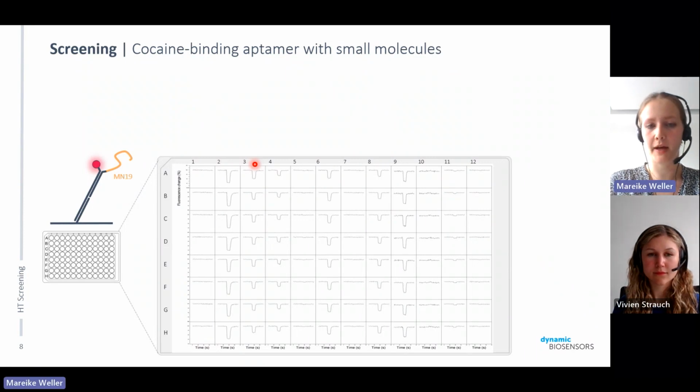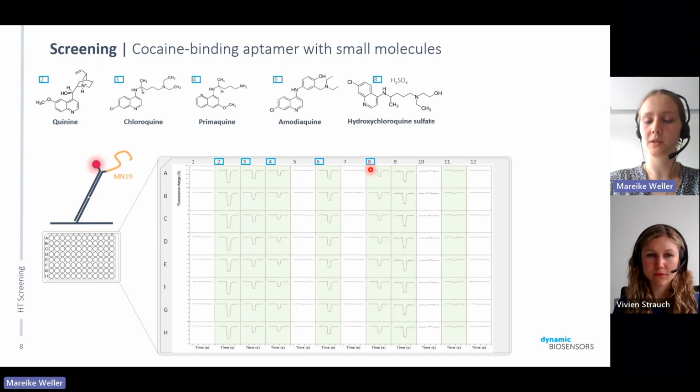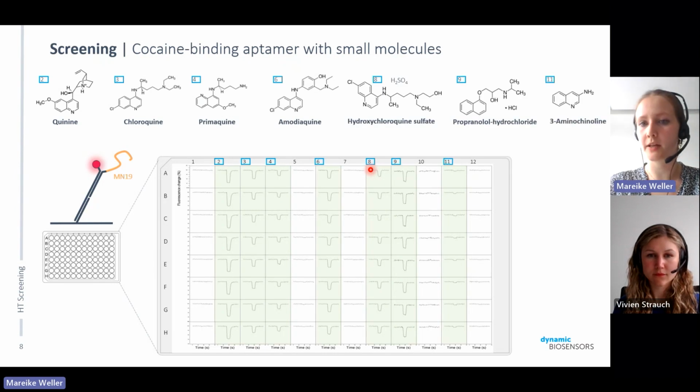As you can already see by eye, there are many different signals. Some have a very huge decrease in the fluorescence, some have a rather small change in the fluorescent values. So we can identify these small molecules with some fluorescent change, and also see which small molecules had these interactions.